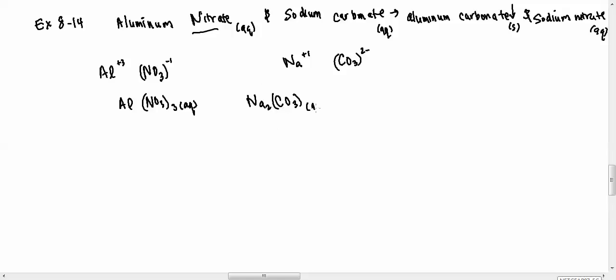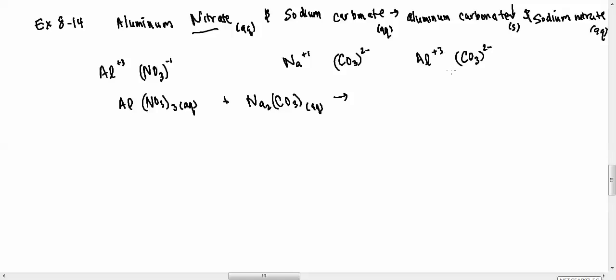And again, this is an aqueous solution, and I'm adding these together, and that's going to yield aluminum carbonate. Let's deal with that. We know carbonate was CO3 with a 2-, and I know aluminum was +3. We've already established that before.